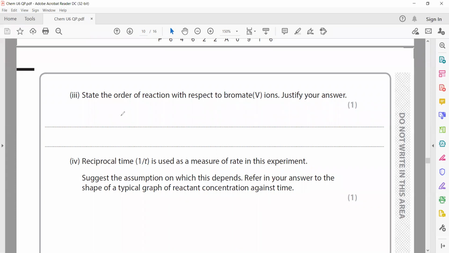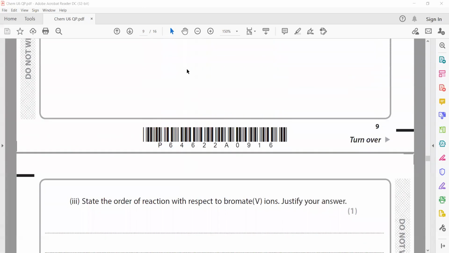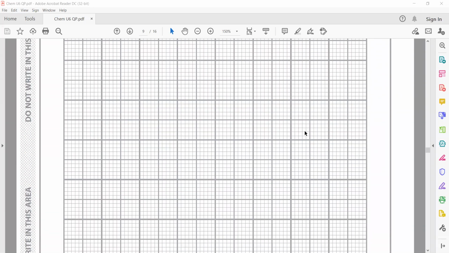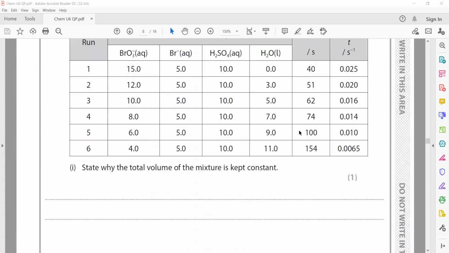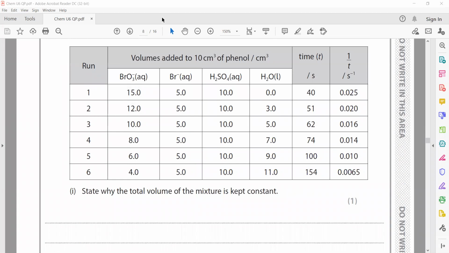So as you can see, you can use a graph or you can use a table here. If you compare the concentration of bromate ion, if the concentration is halved, this is the time interval, the time for the reaction to occur.